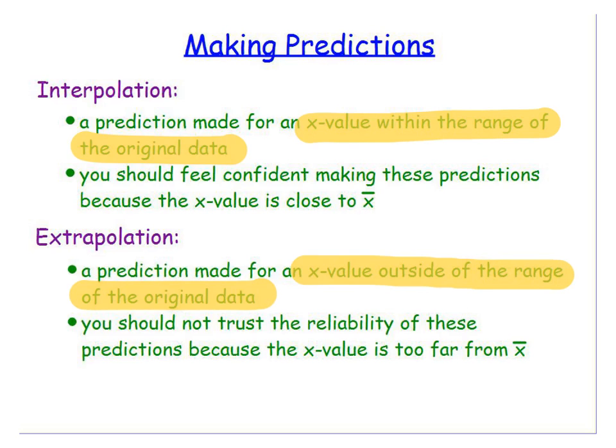If it's too far outside of the graph, perhaps the graph actually starts bending back down or starts going back up or flattens out. So you don't know that, and so because of that, we don't know how reliable the answers are going to be. And so when you make predictions, it's going to ask you to make a prediction, and then it's going to ask about your confidence. And so if it's within our range of data, we would say we are confident. If it is not within our range of data, we would say we are not confident.